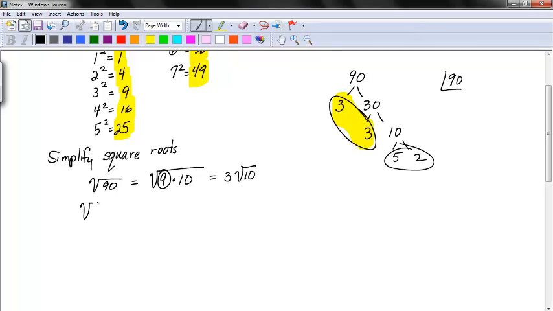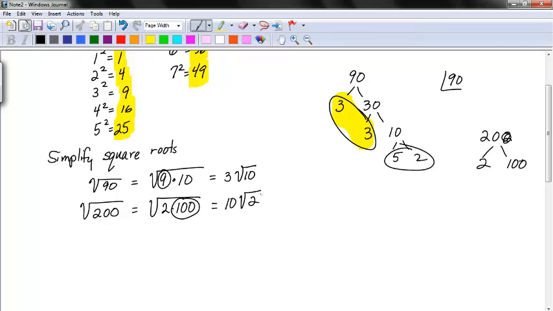If I did the square root of 200, what's the largest perfect square inside there? Do you know? 100, yeah, because if I break it up into 2 and 100, 100's a perfect square. So I can go 2 and 100, and then out of this I can take out a 10, and the square root of 2 is left inside.